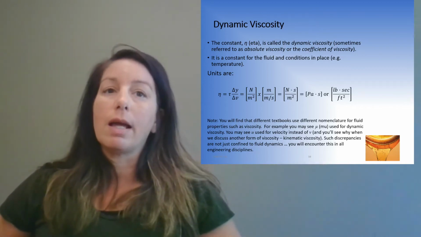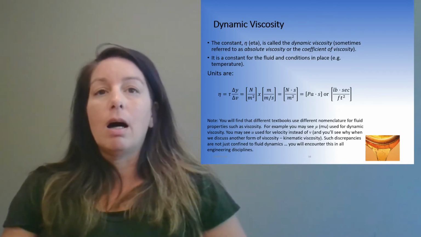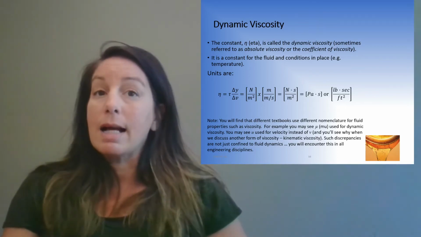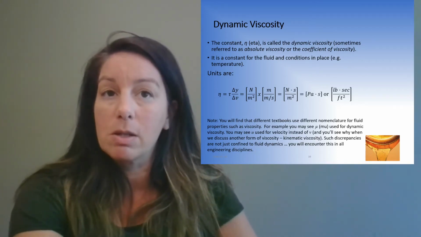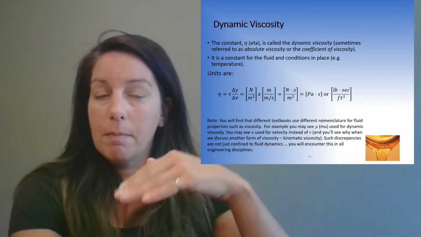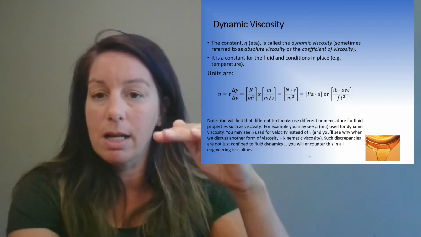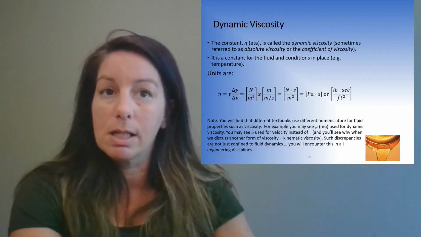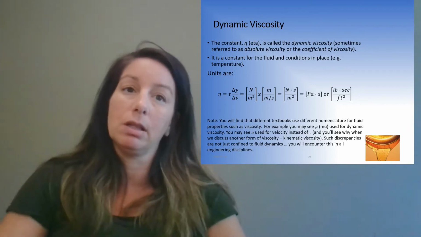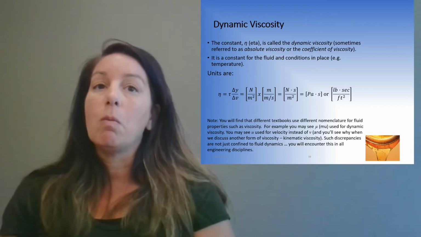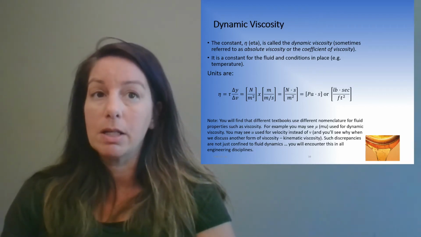So, okay, what are the units of eta? As we discussed in the last slide, it's equal to tau, the shear stress, over the velocity gradient, so the shear stress times the change in height over the change in velocity. So what do we have here? Newtons per meter squared, remember, it's a pressure, times the change in height, which is just in meters, and the velocity is meters per second.